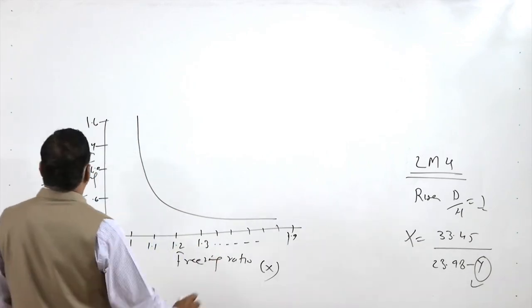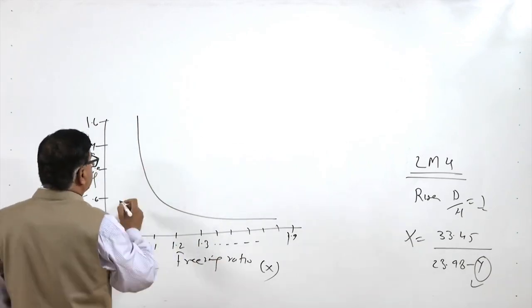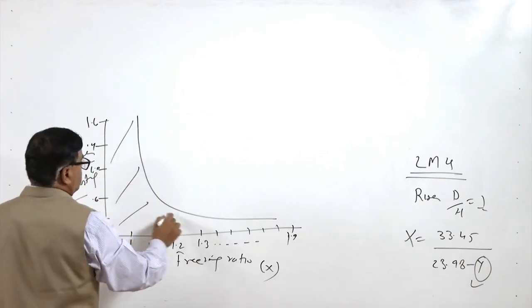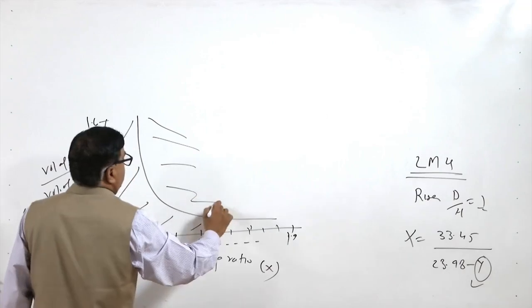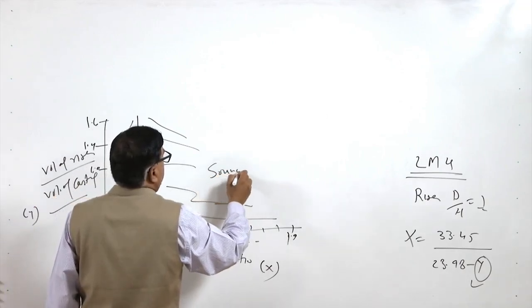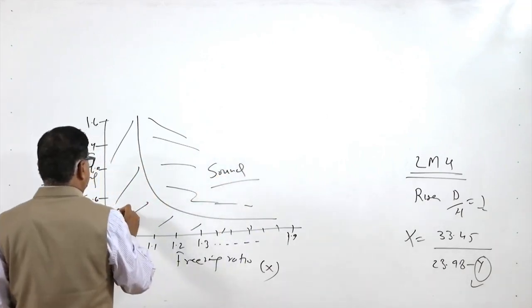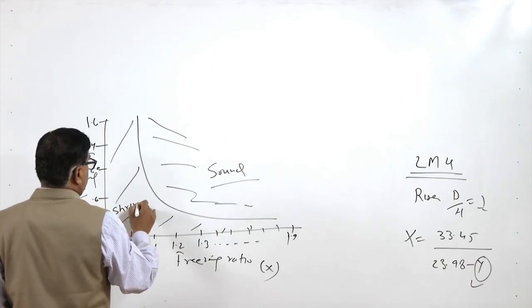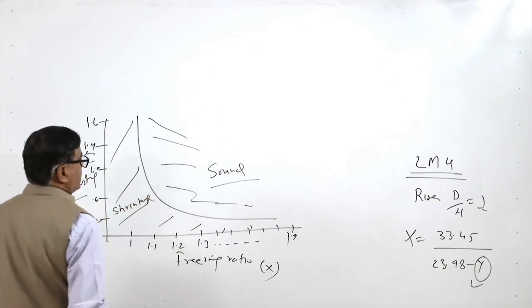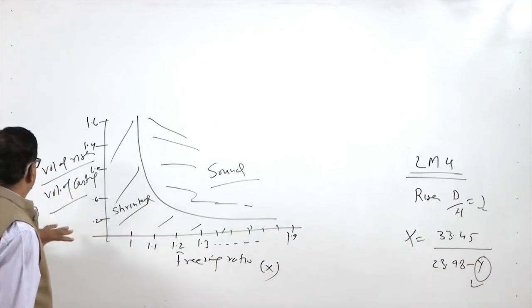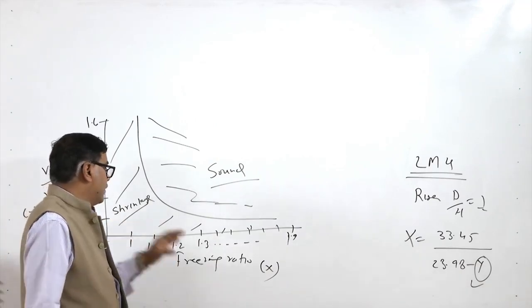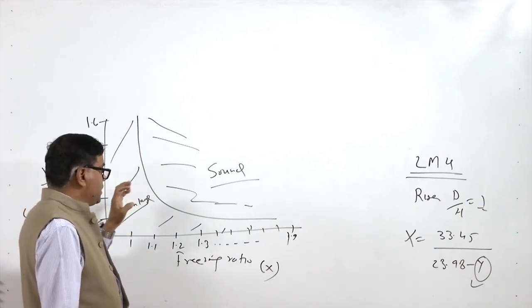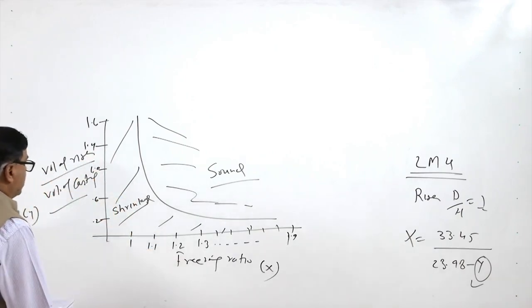And what we see here, when the freezing ratio is greater than 1, there are two zones basically. This line divides the two zones. One is the sound casting and another is with the shrinkage porosity. So the values of y and x are to be maintained in order to have the sound casting.